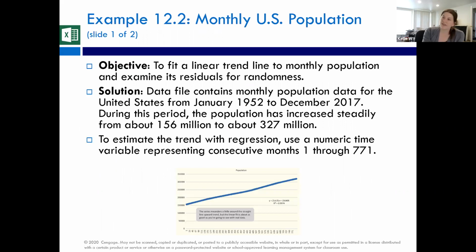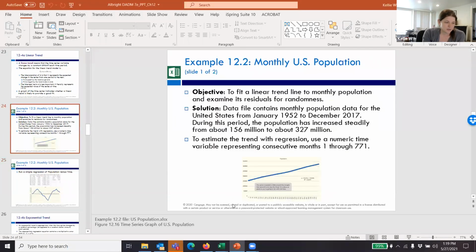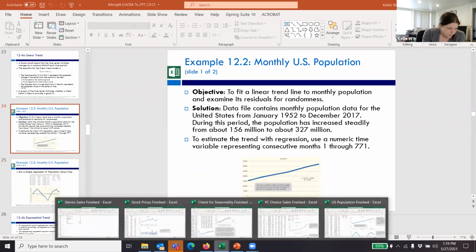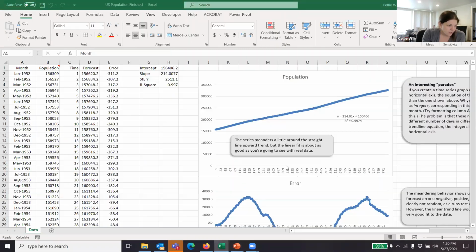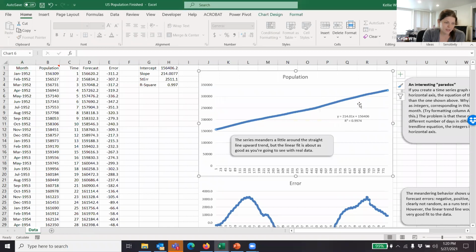So we can look at a graph and that will tell us whether or not we should fit a linear trend, really just by visual inspection. So here's our population data, and it's pretty clear a linear fit's going to be good here.